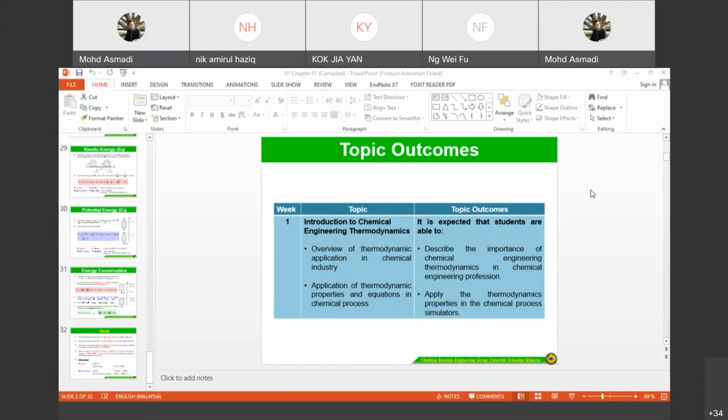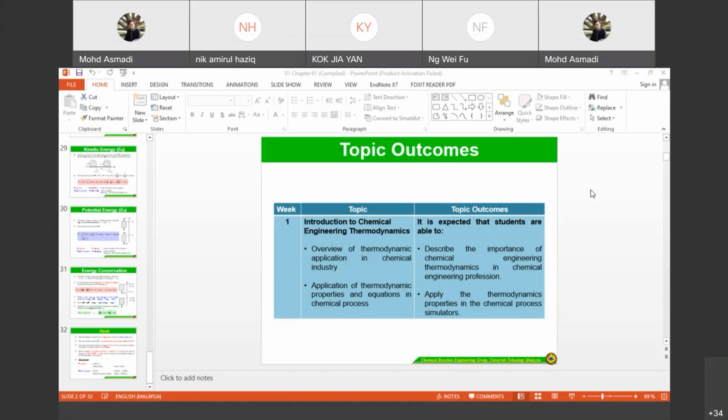You cannot simply use it, it has a range. When you calculate Z, it has a range. You cannot simply use the ideal gas equation, because there are conditions or assumptions for the ideal gas and also the real condition. Why do we not use the ideal gas equation for real conditions?